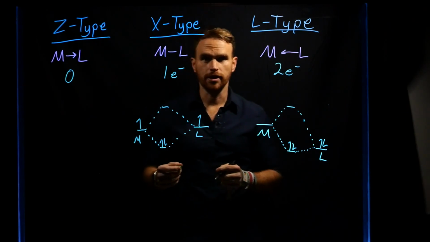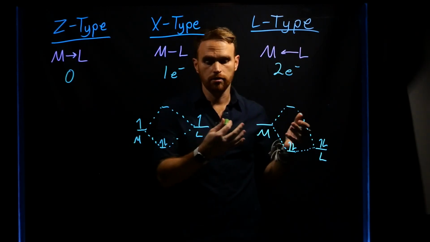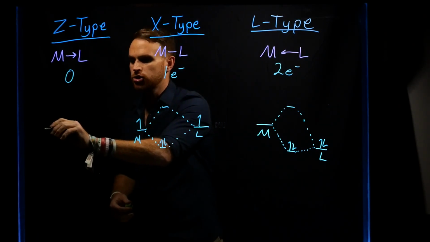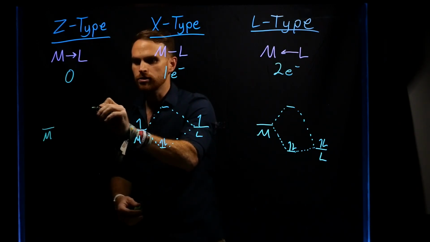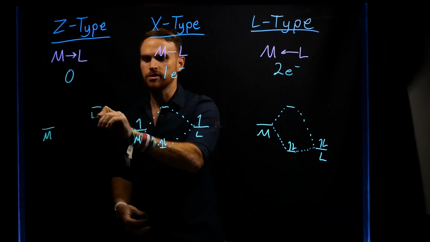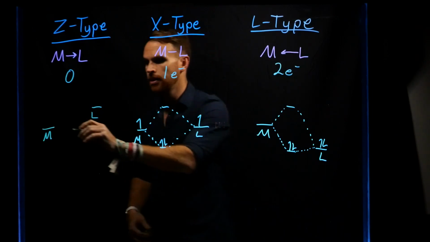A Z-type ligand is a unique and far less prevalent type of ligand, where all of the electrons are actually coming from the metal, which seems counterintuitive because typically when we think about coordination complexes, we think about them in terms of Lewis acid-base chemistry, where the metal is a Lewis acid.